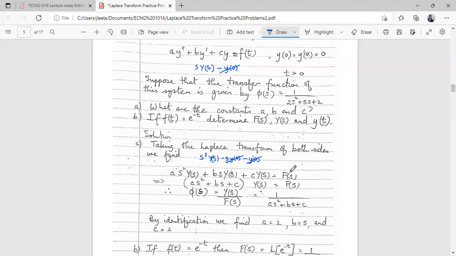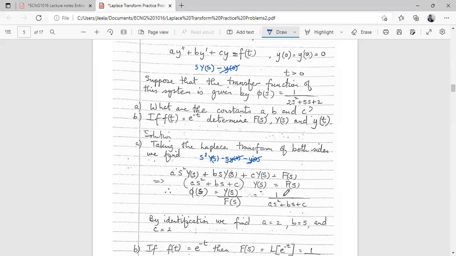So we could look at the left-hand side and factor out the Y(s). So you'll get (as squared plus bs plus c) Y(s) is equal to F(s). And remember that the transfer function here is Y(s) over F(s), the left-hand side over the right-hand side. So you'll have to take this F(s) and bring it to the left, and divide by the Y(s) on the right.